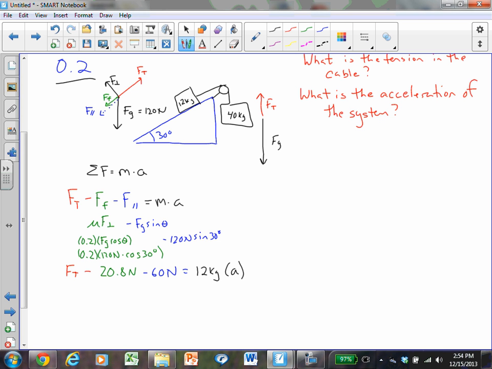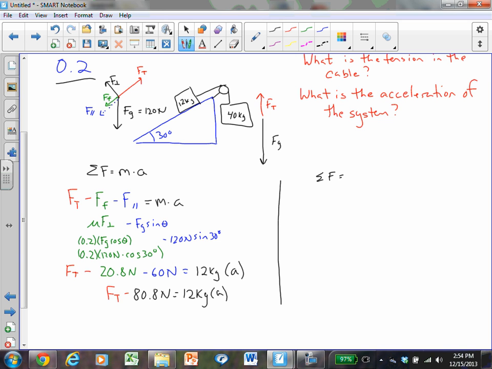Now, minus 20.8 minus 60 is minus 80.8 newtons, equals 12 kilograms times A. We end up with that from our sum of the forces equals mass times acceleration on the ramp.